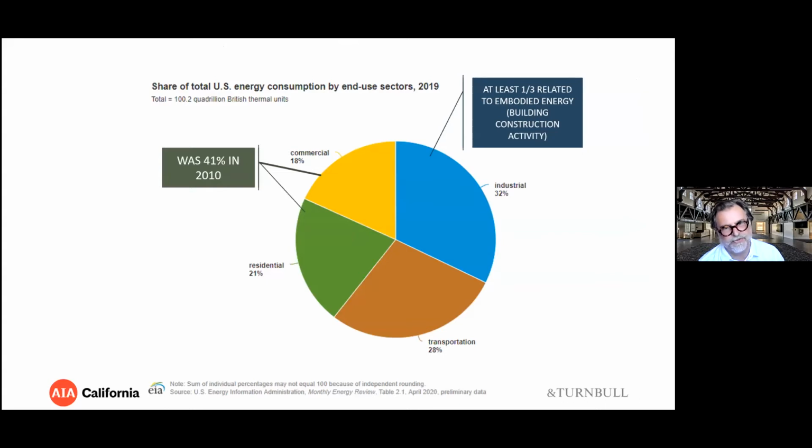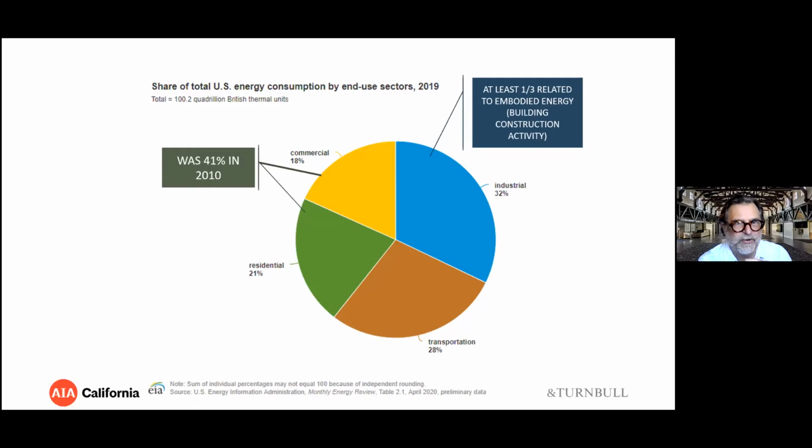So this is a little pie chart from U.S. Energy, and it talks about consumption by sectors. This is from 2019. The operation of commercial and residential buildings is still around 40%. It's going down, which is a good trend, and we would expect it to go down.